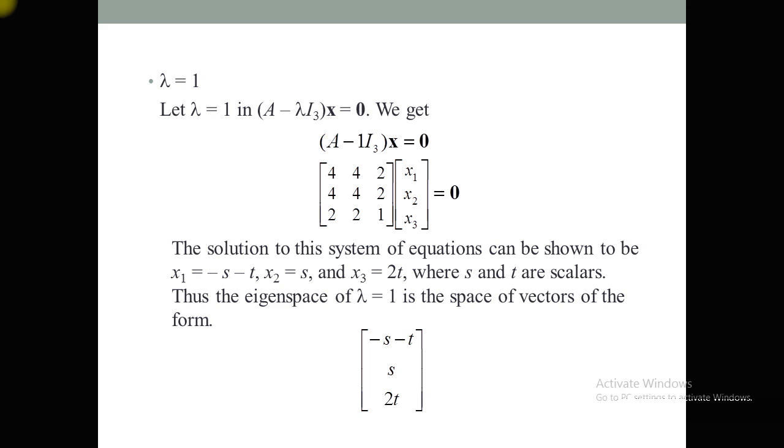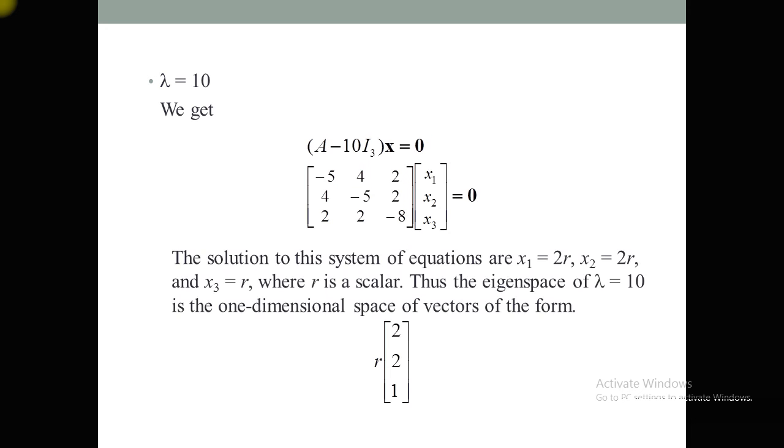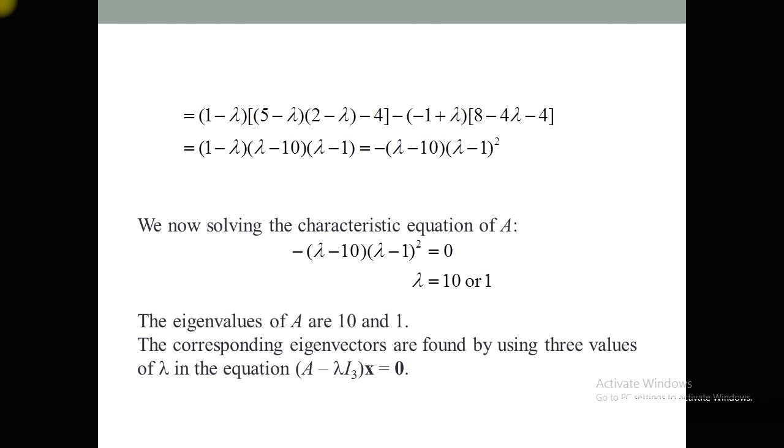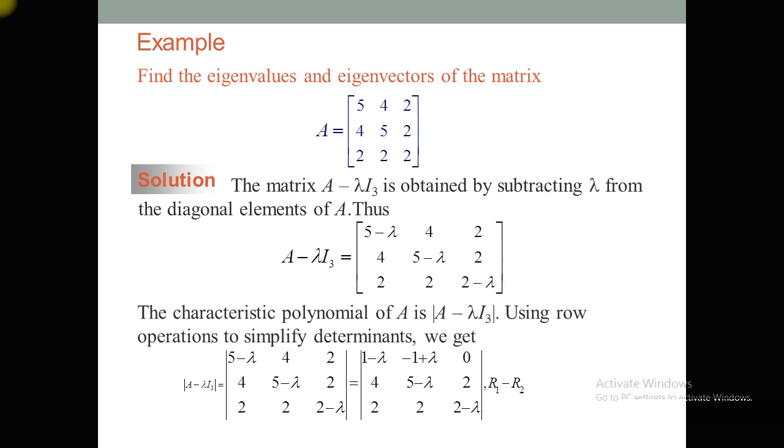For the eigenvalue lambda, use the characteristic equation, determinant of A minus lambda I is equal to 0. From this you will obtain a characteristic equation, a polynomial in lambda, and then solve the characteristic equation by using factorization.